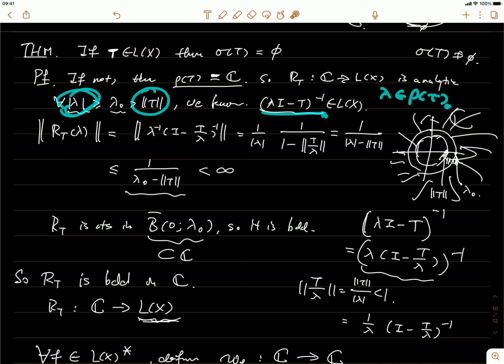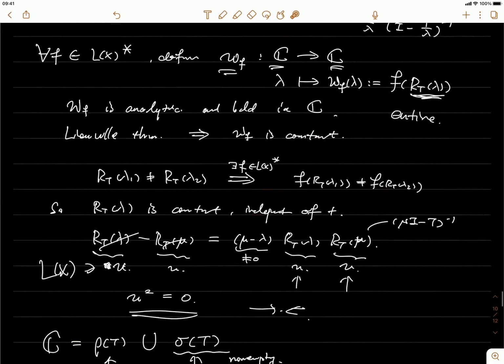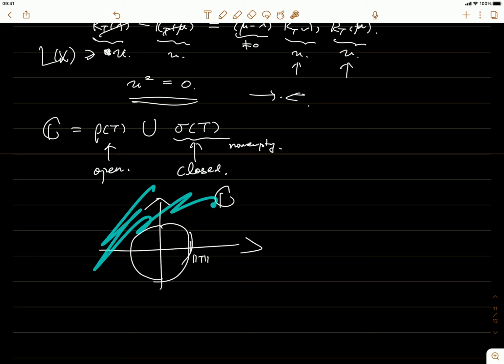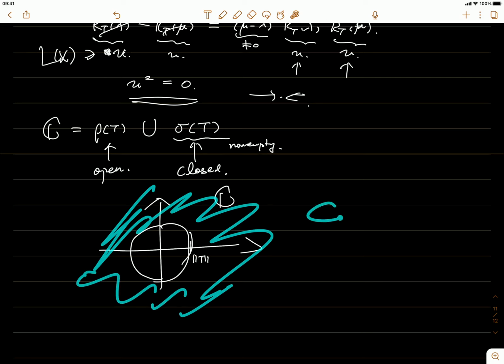Okay, so what we mean by that is, if you draw this complex plane, we have a circle here which has the radius norm of T. We know that everything outside must be included in rho of T, must be in the resolvent.